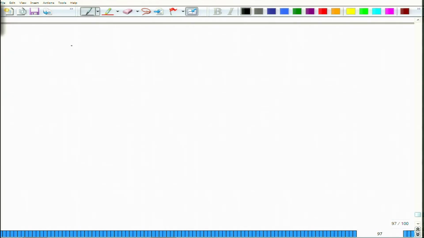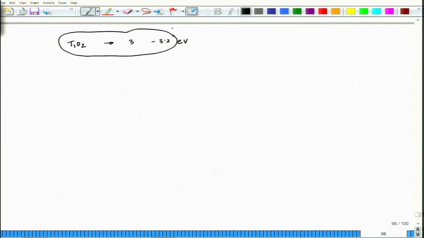So, in titanium oxide, if you remember, when we talked about the rutile, it has a band gap of 3 to 3.2. It has 3 polymorphs and they vary from 3 to 3.2 electron volts. Okay. So, the light energy that has to be provided in photocatalysis is greater than the band gap of the semiconductor. The light energy h nu has to be greater than 3 to 3.2 electron volt.